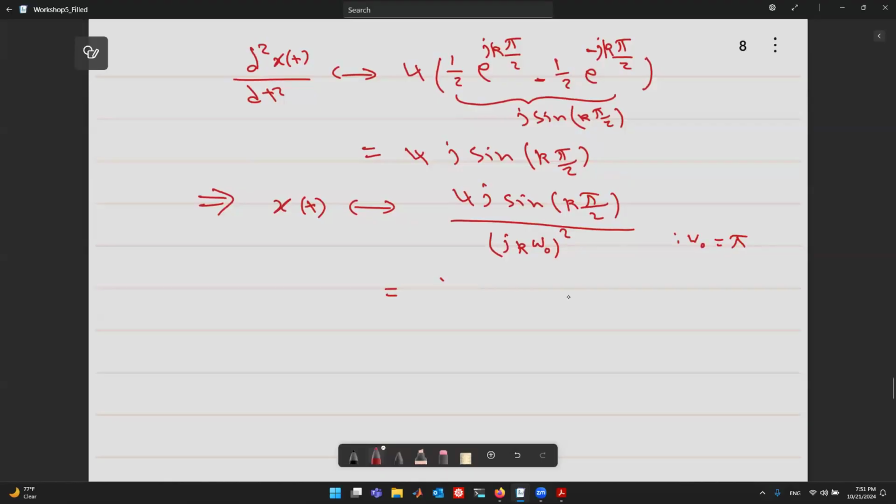So this is 4 j sine k pi over 2 divided by j squared, which is just -1, so we have a negative here, times k pi squared.